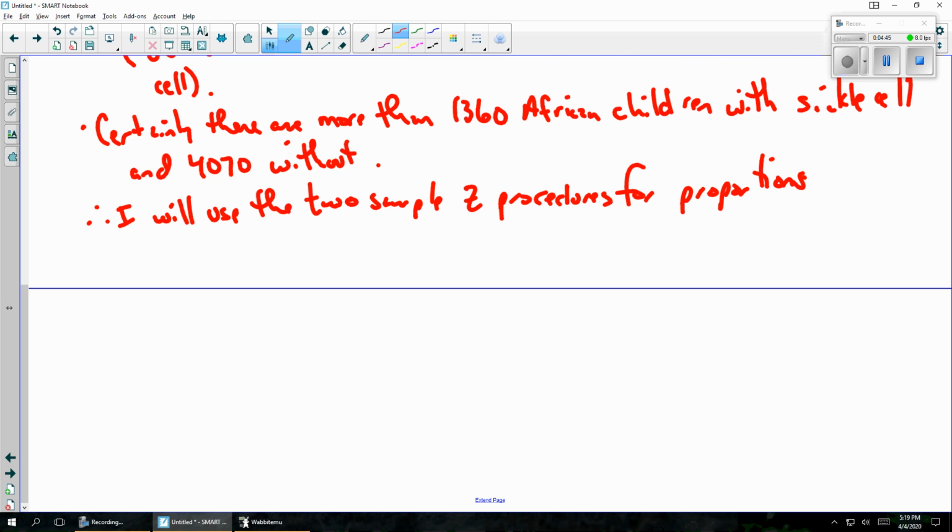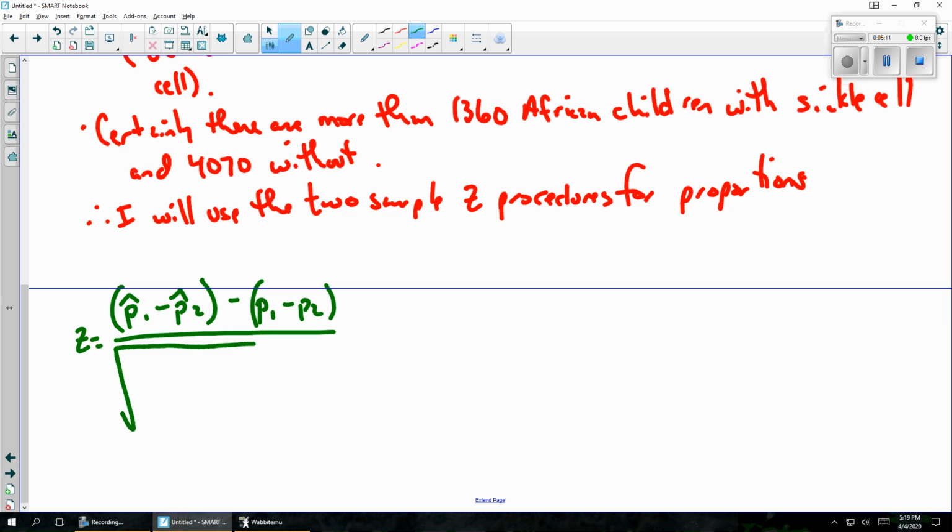So from here, I'll go into the mathematics. My Z test statistic is going to be p hat 1 minus p hat 2 minus (p1 minus p2), all over. Now, this is where it gets a little interesting because on the z-test statistic, I use the pooled p hat down here.